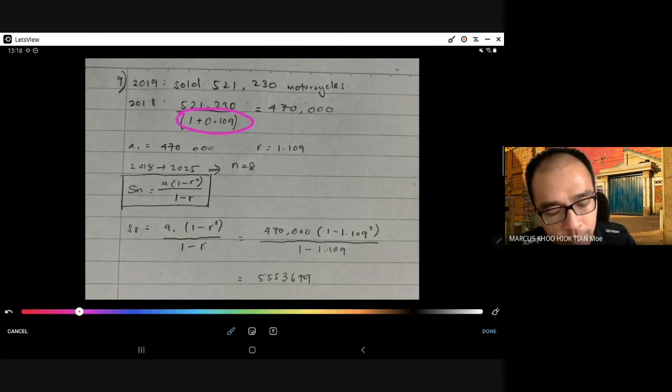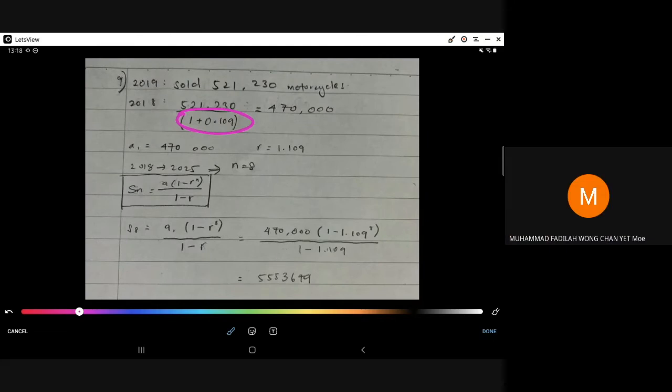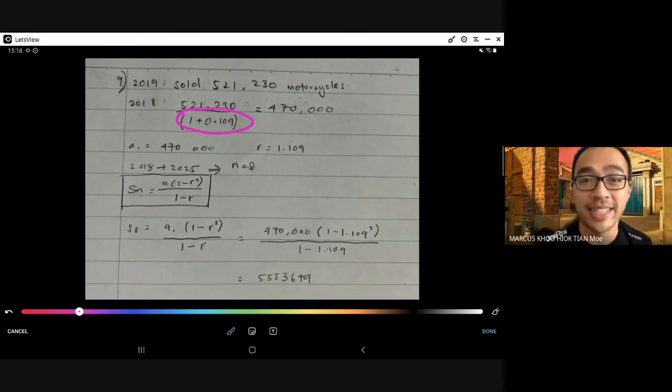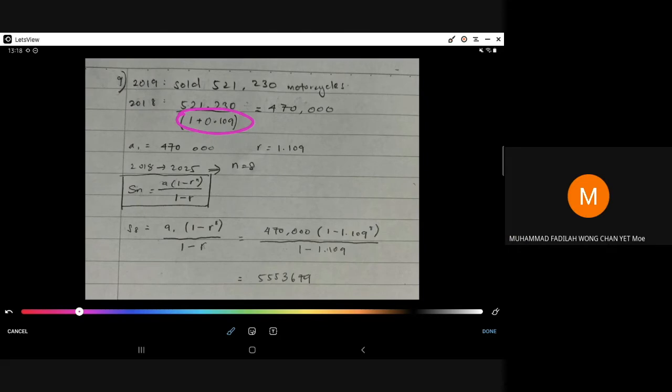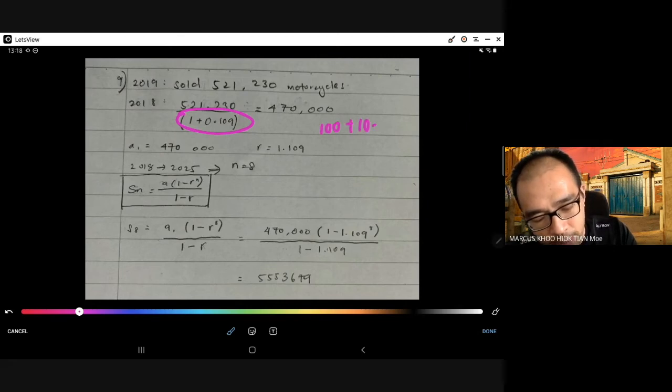Why is this 1 plus 0.109? Because they are increased, right? Yeah, then I plus. So you just plus it like that. It's 100 plus 10.9. Okay, 100 plus 10.9%. That's how you get 1.109.